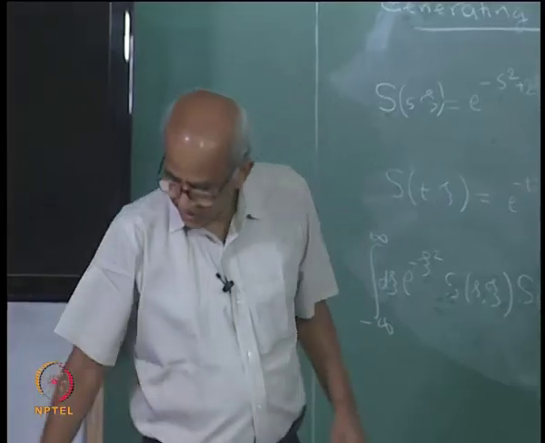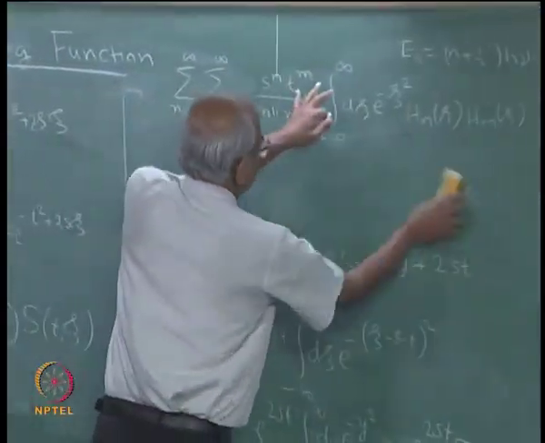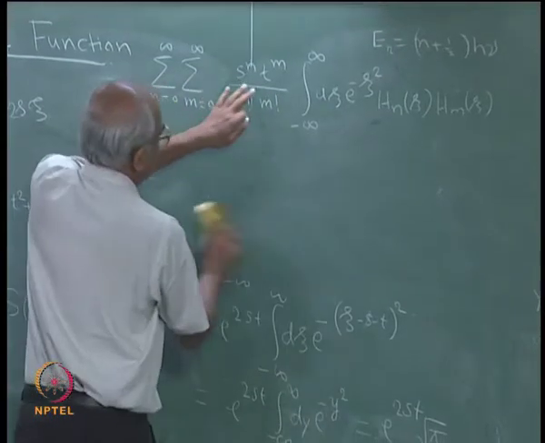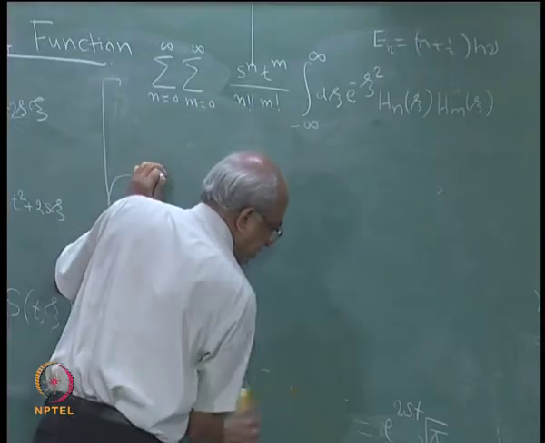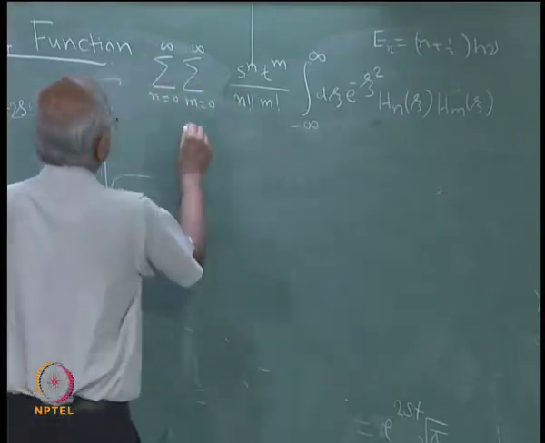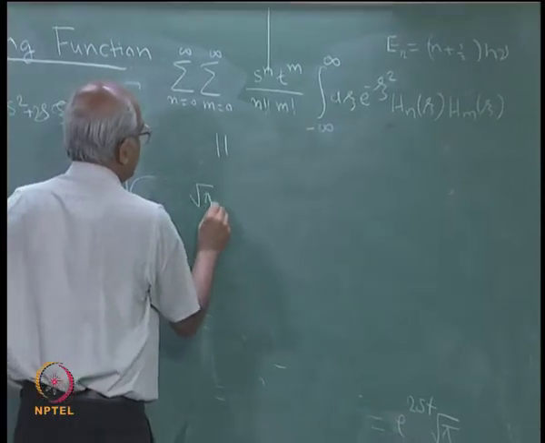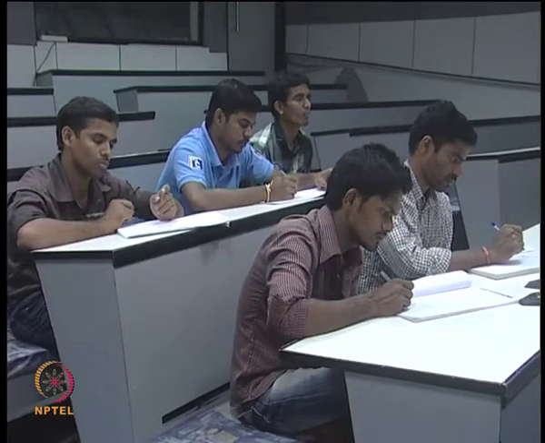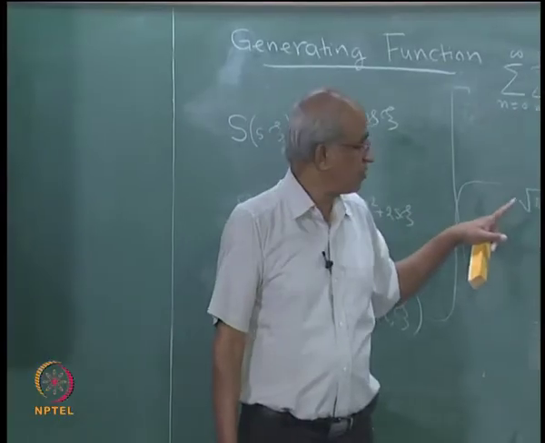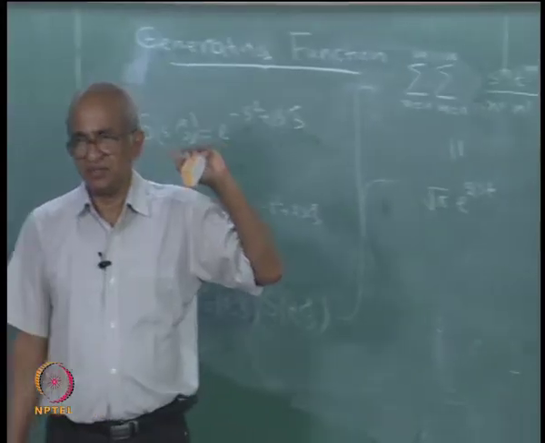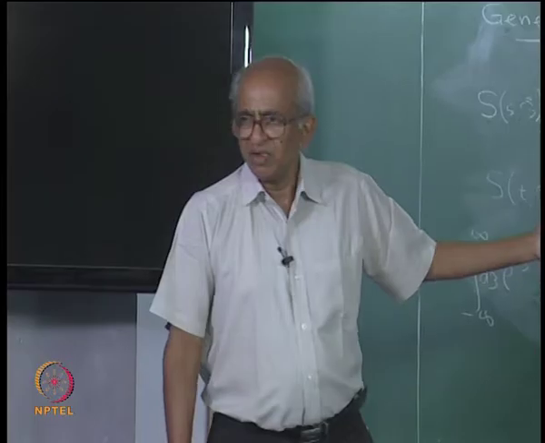So, therefore, what has happened is, I have now evaluated this series. The sum of the series is nothing but root pi times e to the power of 2st. But e to the power of 2st, I know how to expand it.